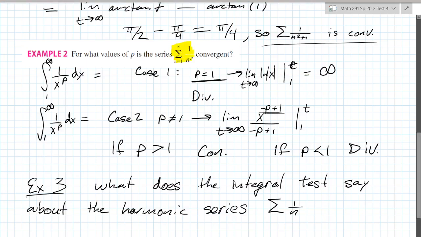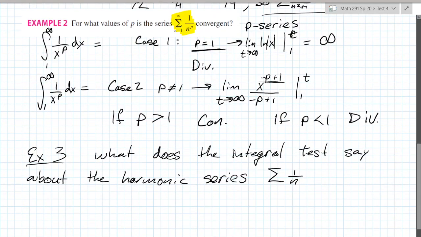This type of problem shows up a bit, and it's got a name. It is called a p-series. One example of a p-series is the harmonic series. We saw this one before, and we looked at the partial sums to show that it was divergent.